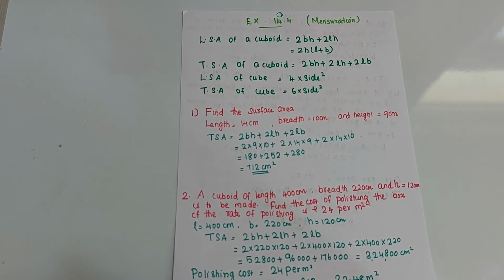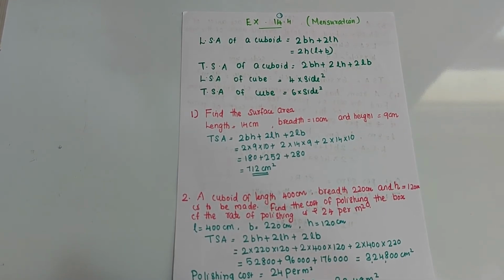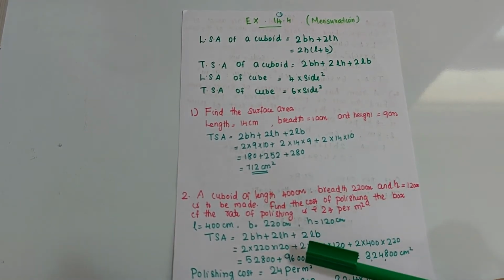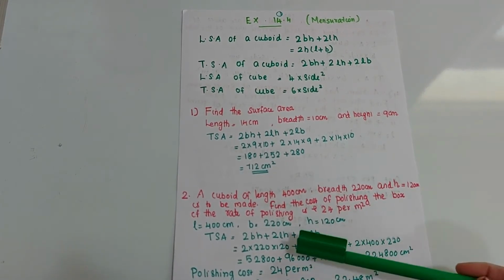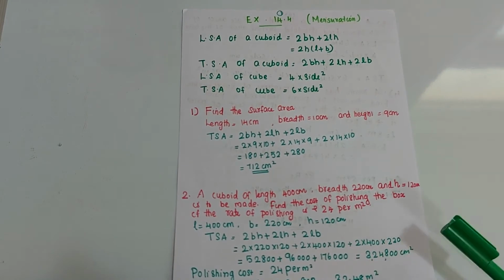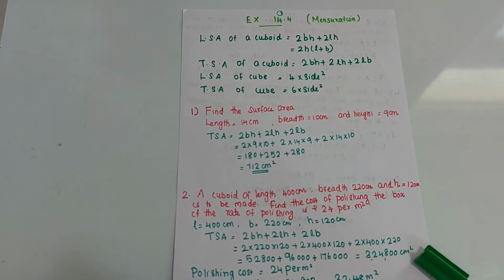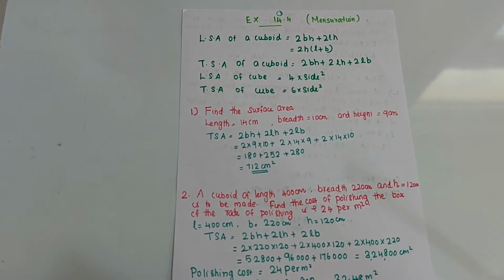So we have to polish all surfaces of the cuboid. So what we will find? We have to find out the total surface area of the cuboid. Using the formula TSA equal to 2BH plus 2LH plus 2LB, after simplification we got 3,24,800 centimeter square as the total surface area of this cuboid.